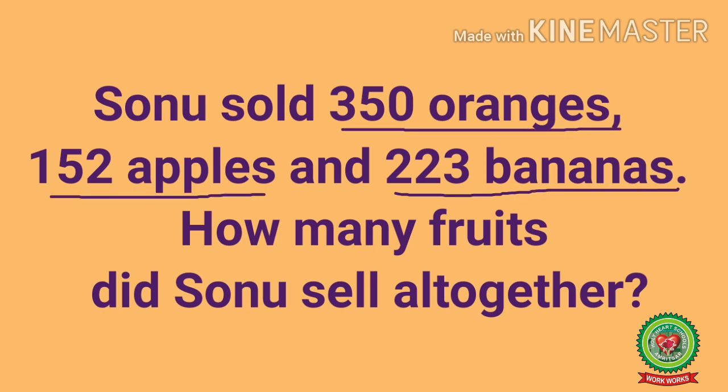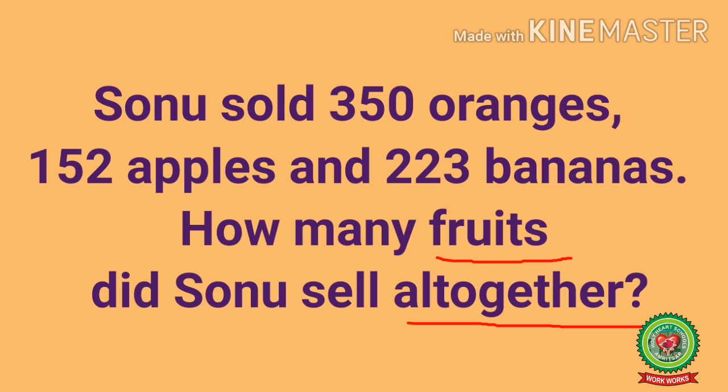Sonu sold 350 oranges, 152 apples and 223 bananas. This is our information. And the second part is what we have to find. How many fruits did Sonu sell all together? Now, what is given after how many? Fruits. So we will find how many fruits did Sonu sell all together.